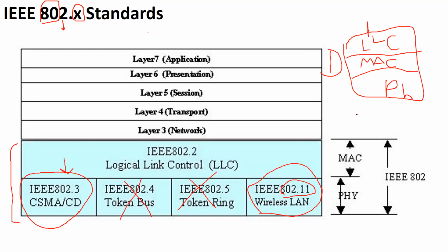The NDIS, the network driver interface specification. We are going to mention them in such a way that we see how they can help us interface to the higher protocols. Had there not been LLC, this interfacing is going to be difficult.